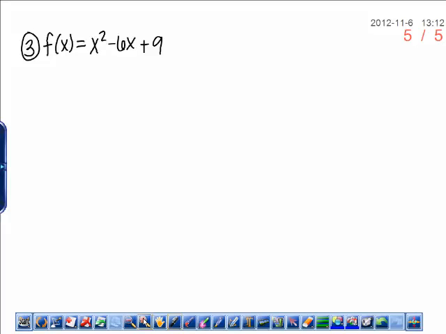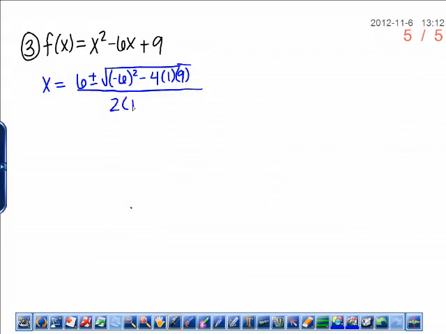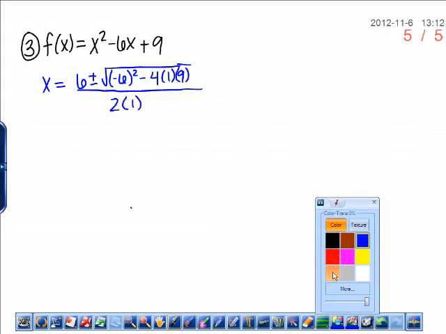As you finish up, you can look up here to start checking your work. What's your discriminant in this function?